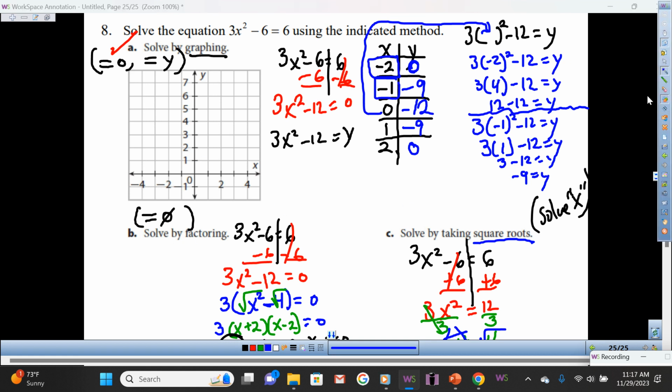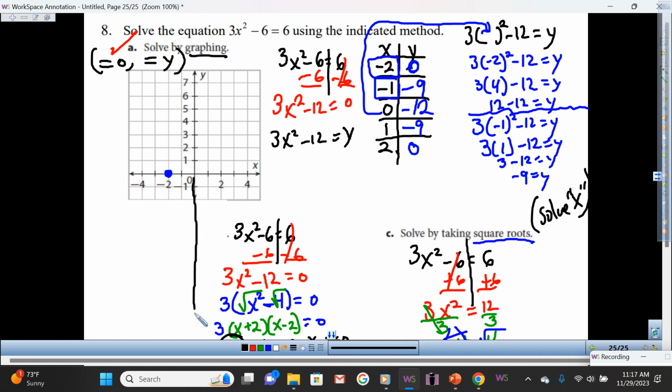Let me make some space here. Here we go. Negative 2, 0 is right there. Negative 1, negative 9. We need a lot more over here, so let's stretch this one down. We got 1, 2, 3, 4, 5, 6, 7, 8, 9.